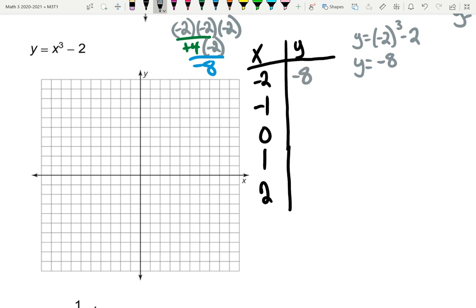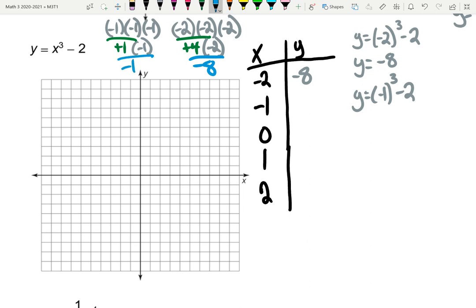I'm going to do this again. Y is equal to -1 to the third power minus 2. -1 times -1 times -1. Multiply the first two, that makes a +1 times a -1.